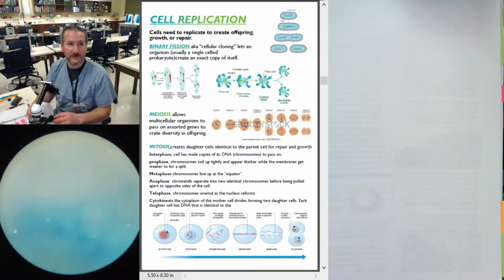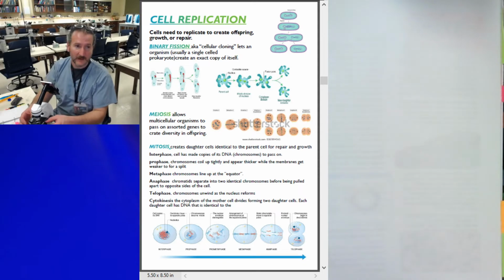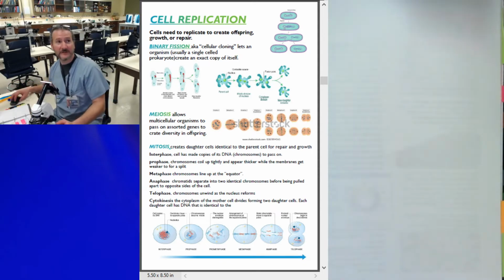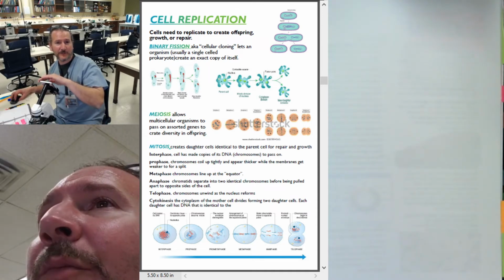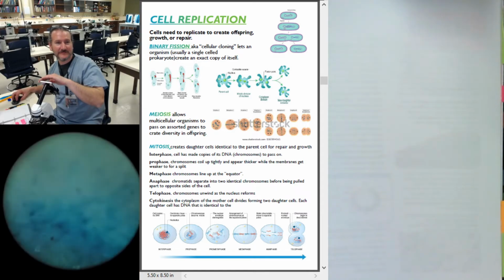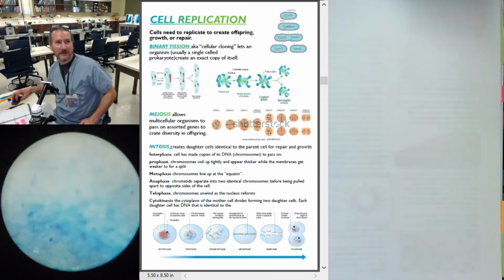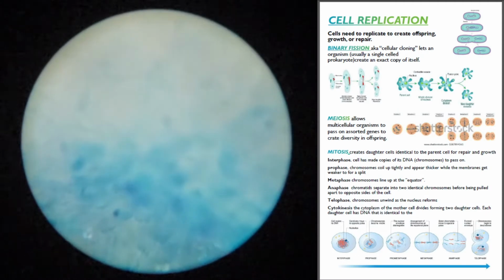Turn the revolving nose piece. There it was. There they were. Oh, just when you think you got it, you lose it. Click and click. Oh. Want to go in and look a little bit closer.